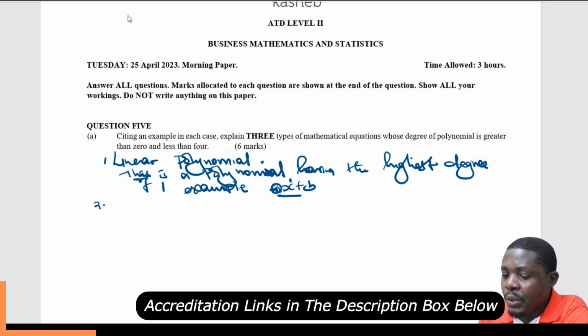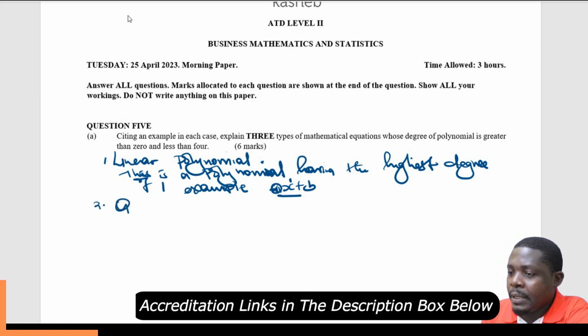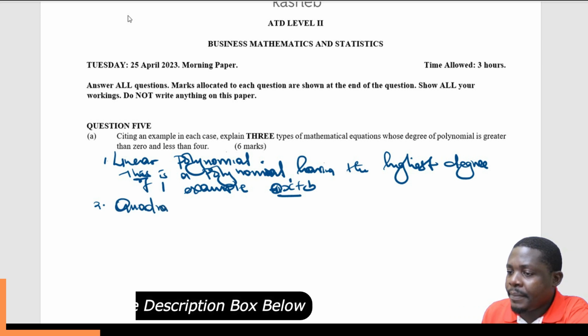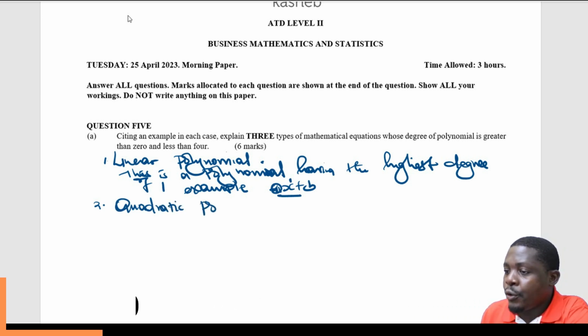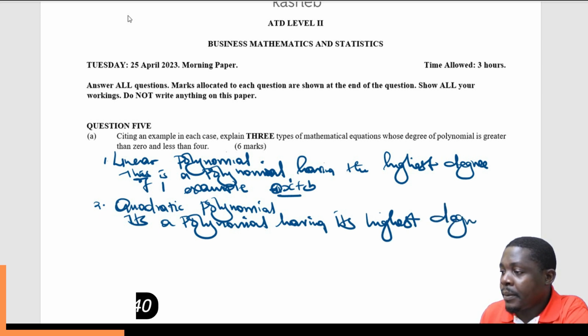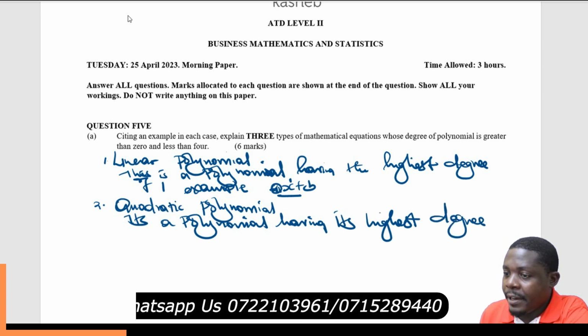Then number 2, we can talk of quadratic polynomial. That is a quadratic having degree 2. It is a polynomial having its highest degree of 2.